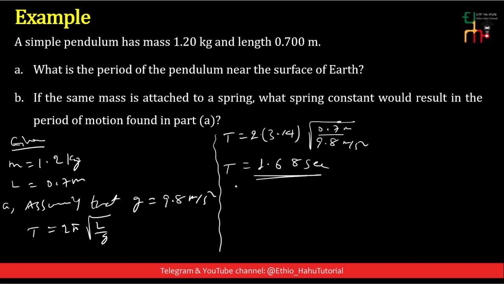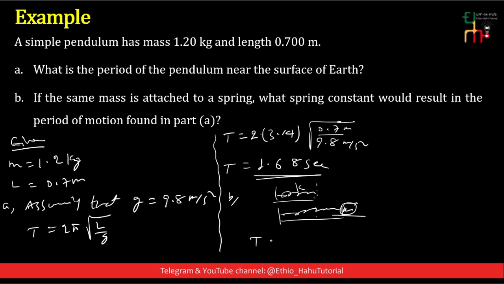The second question: if the same mass is attached to a spring and oscillates back and forth in simple harmonic motion, what spring constant will result in the same period as that of the simple pendulum? That means if this mass is attached to a spring of force constant k and has the same period as the simple pendulum, what would be the force constant of this spring?